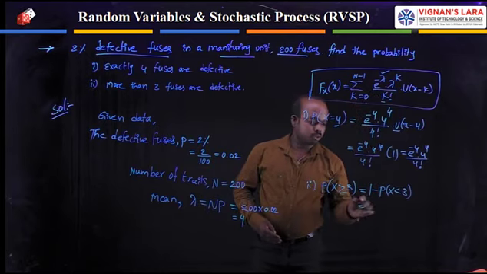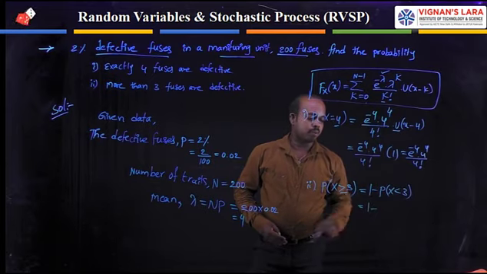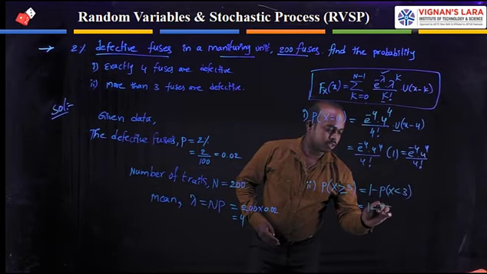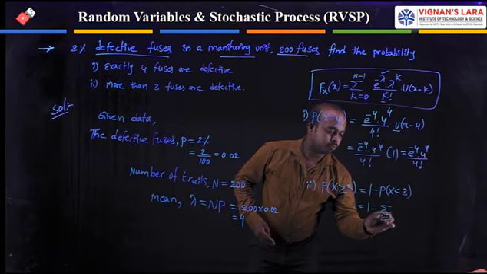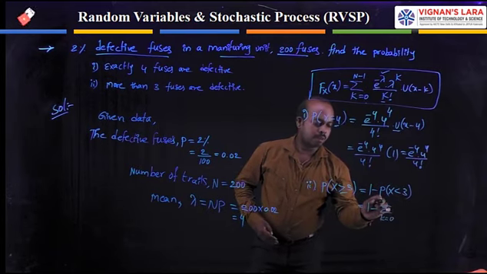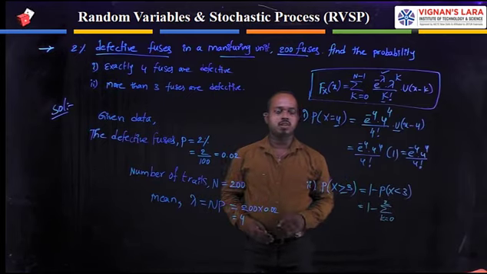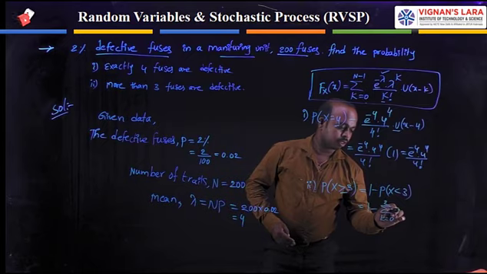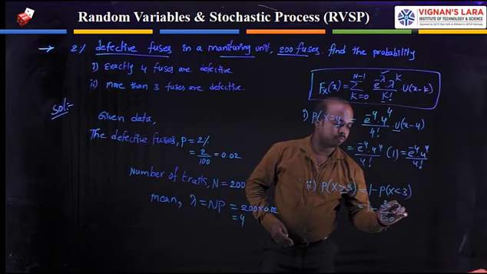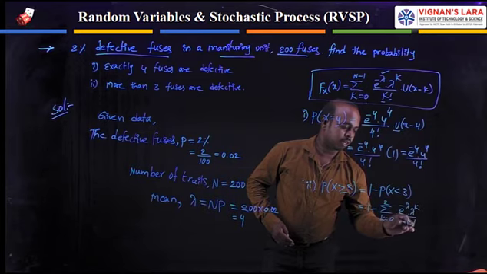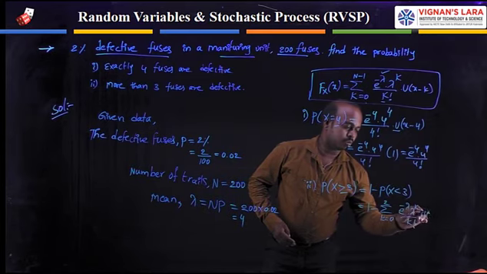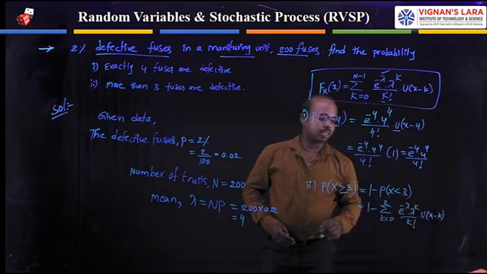So you write 1 minus the summation of k from 0 to n minus 1, meaning 3 minus 1, which is 2, of e power minus lambda into lambda power k divided by k factorial into u of x minus k.